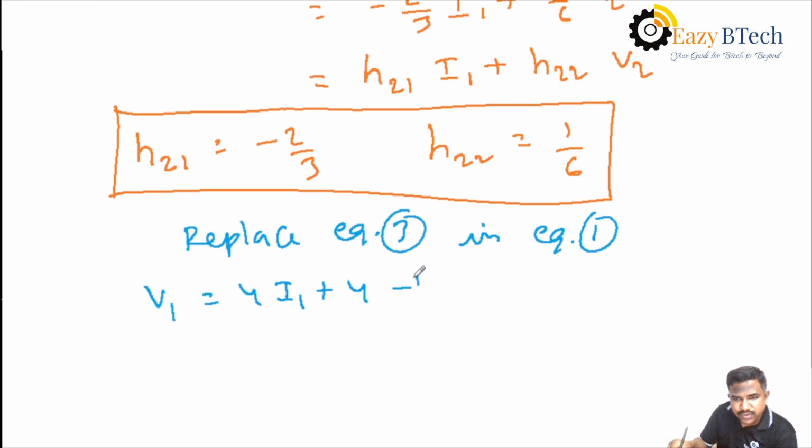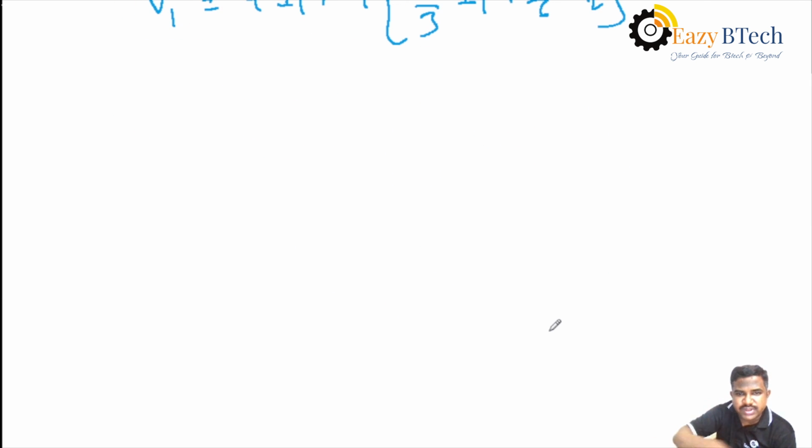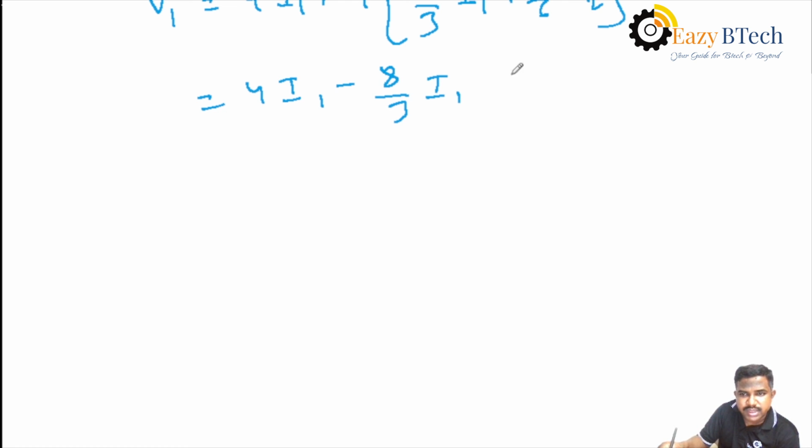Then you have to replace the value of I2 here. Then you have to simplify the equation. 4 into I1 minus 8 by 3 I1, 4 by 6, that is 2 by 3 V2.